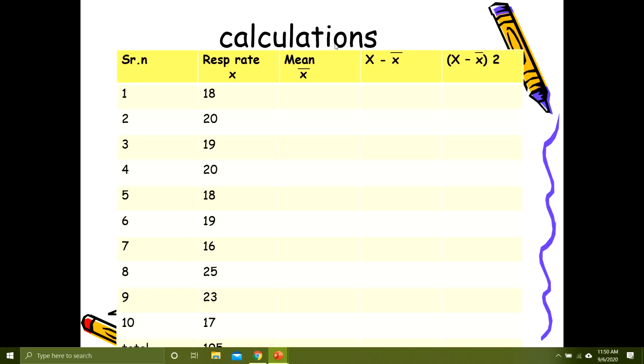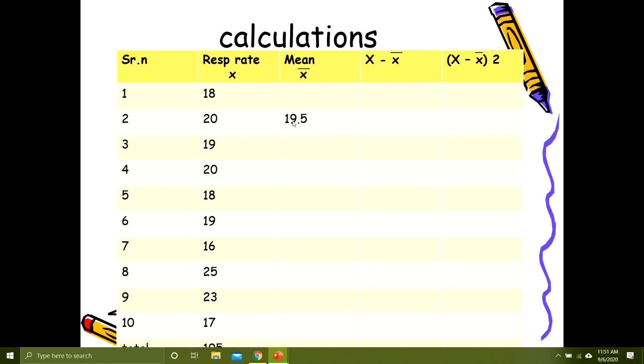Now I want to calculate the mean value. What will I do? I will add them all, which is 195. And then I will divide 195 by 10, which will give us a mean value of 19.5. To know the mean deviation, I want to know how much each observation differs from the mean of the sample.